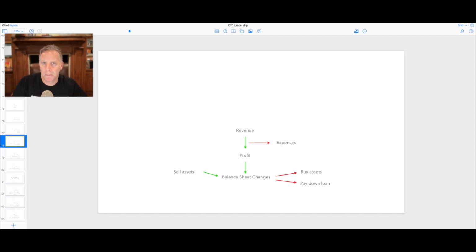What if we sell that piece of equipment, sell an asset? That would be taking a piece of equipment and converting it into cash. Or say we go to the bank and take out a loan. Now that's money moving into the company. It does create, of course, a liability, but we are moving money into the company.